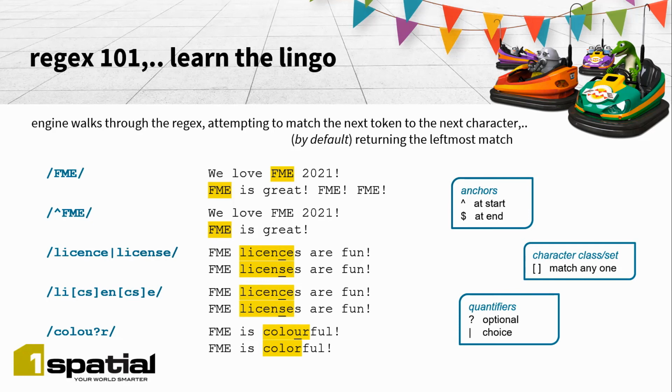So square brackets, character class, we can choose any one of the characters in that class. Or a final example, we can use the question mark to make the preceding character optional. So whether you spell colour in Canadian or correctly, then the regex matches both here.